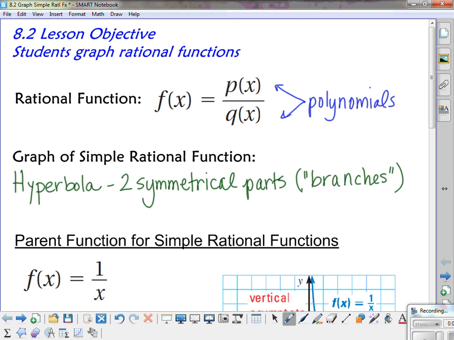Okay, so we've got a polynomial divided by a polynomial. That's a rational function. Because again, rational, remember, it comes from the word ratio, right? And the graph is going to be a hyperbola.